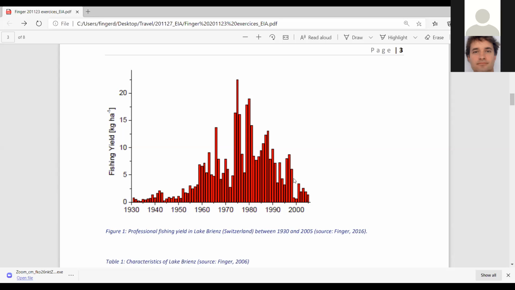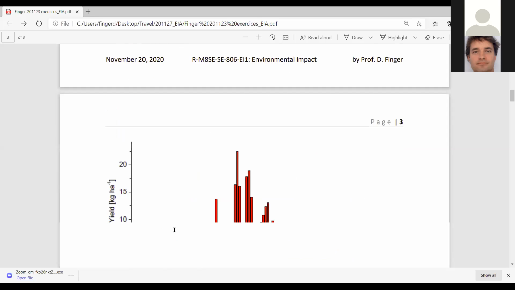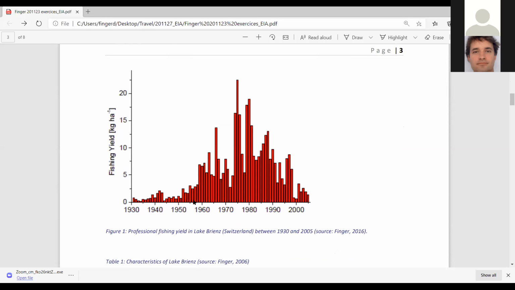And in the text, you need to have a parenthesis where you reference the figure. For example, here in the text, you see example figure 1, and then you have here figure 1, and the figure itself comes from a different reference, but you still provide a caption that fits to your report. Same thing for tables.